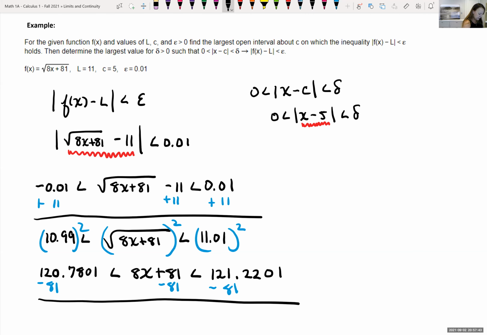And so on the right-hand side of that inequality, 121.2201 minus 81 gives us this. 40.2201 is less than 8x is less than, so 120, let me just see if I can do this in my head, 19, that's going to be 39.7801.